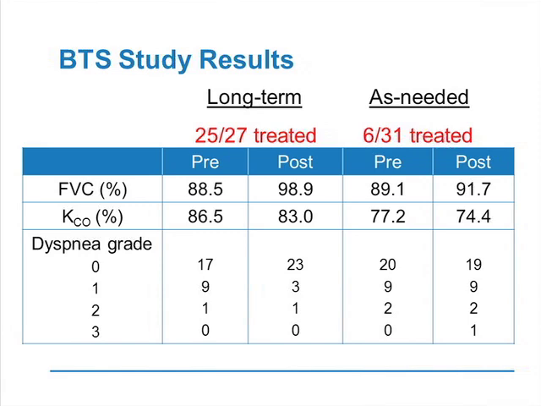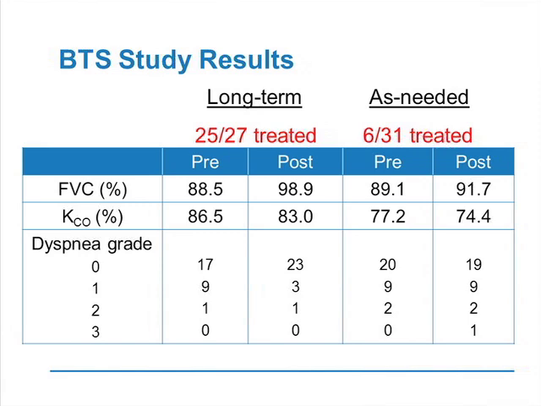The next slide shows the results of the British Thoracic Society study. You can see the long-term treatment group was almost all treated, whereas in the as-needed group, only about 1 in 5 patients deteriorated enough to need treatment. This supports what we talked about earlier, suggesting that patients who do not need treatment in the first 6 months are quite unlikely to need treatment at any time.